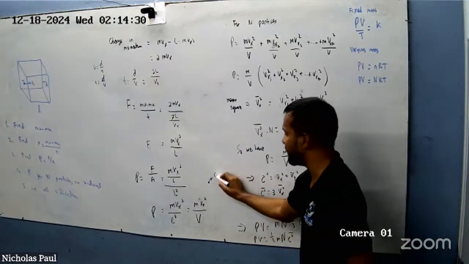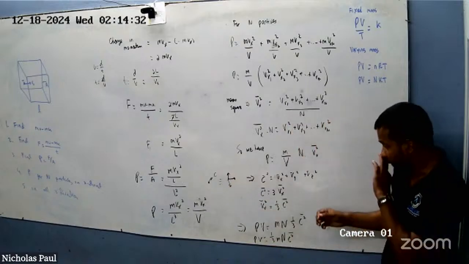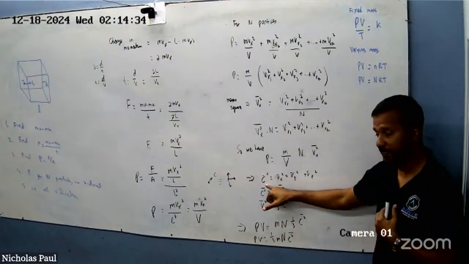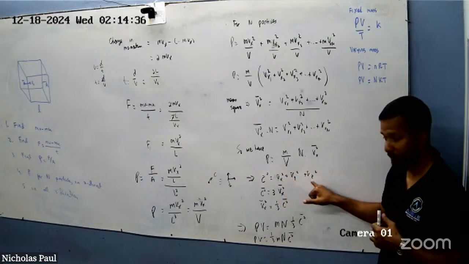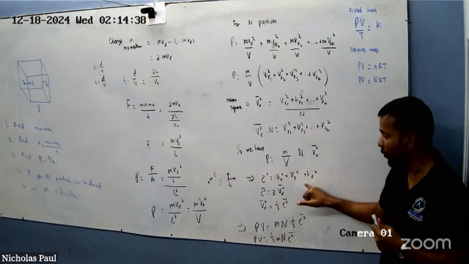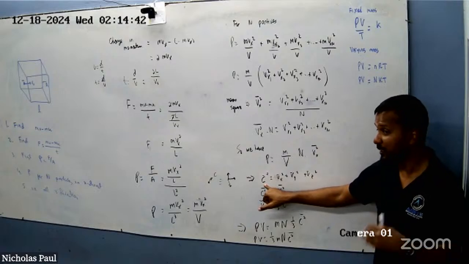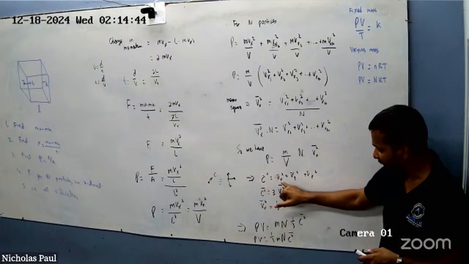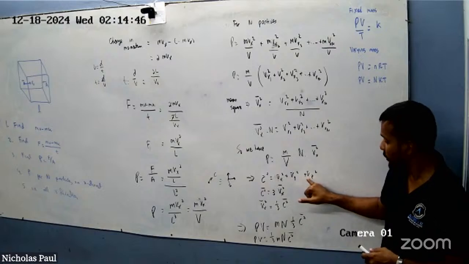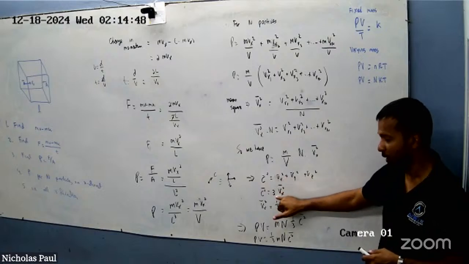This is C, right? So I found that C squared is equal to this plus this plus this, right? Add up all the mean squares and that's C, okay? To further simplify it, I said that each one of these equal. So 1 plus 2 plus 3 will give me 3 of this.